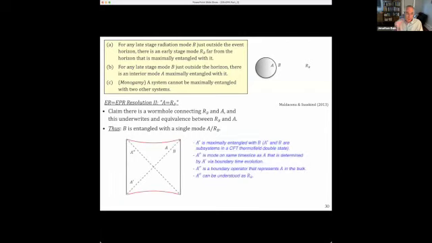Now, here's one way that Maldacena and Susskind describe this second version of the ER equals EPR resolution. So the diagram on the left is a conformal diagram of extended AdS Schwarzschild spacetime. The modes A and B are represented in the upper right-hand corner, and the assumption is B is close enough to the boundary to be considered as a subsystem in the boundary CFT.